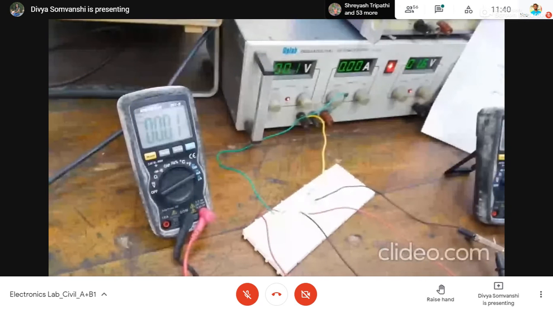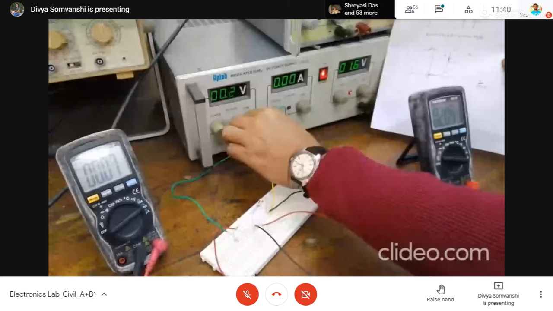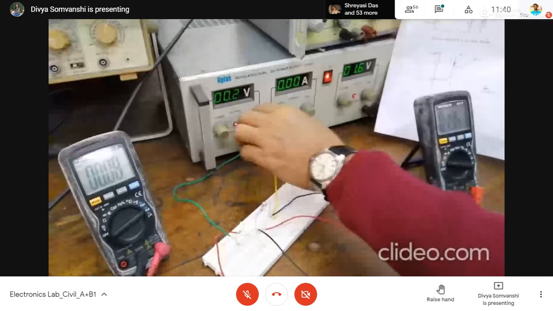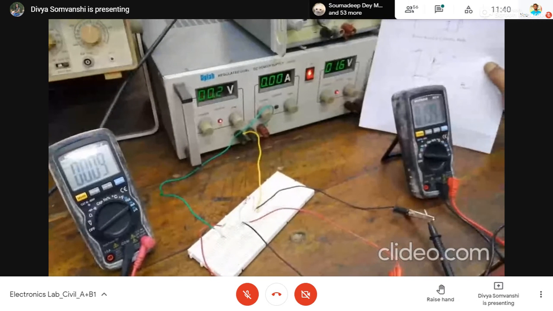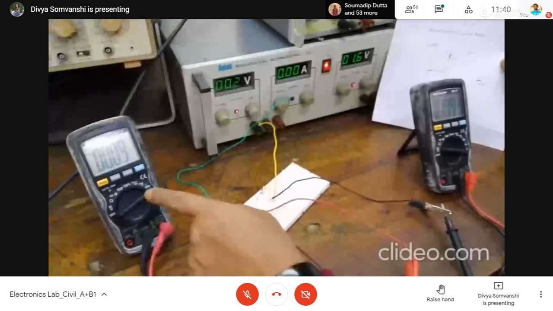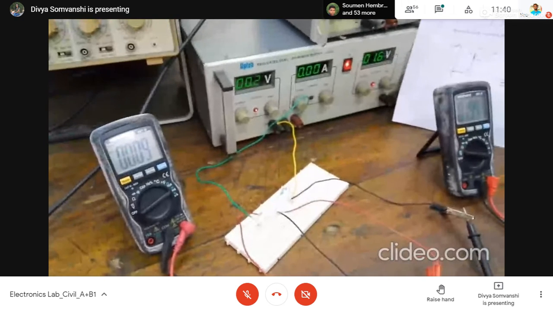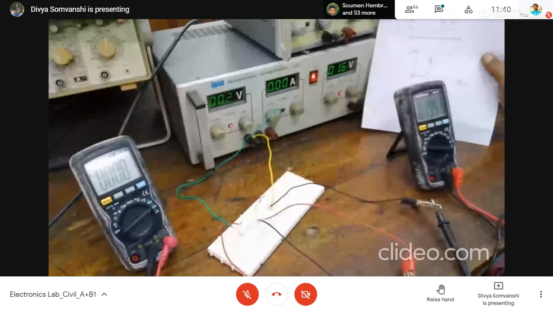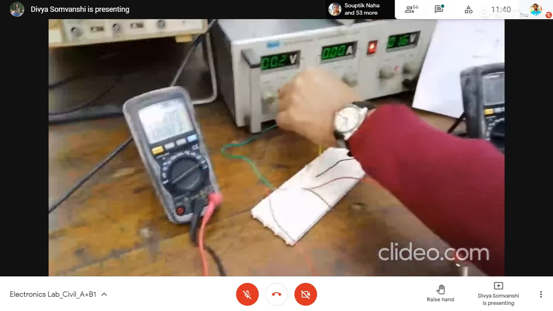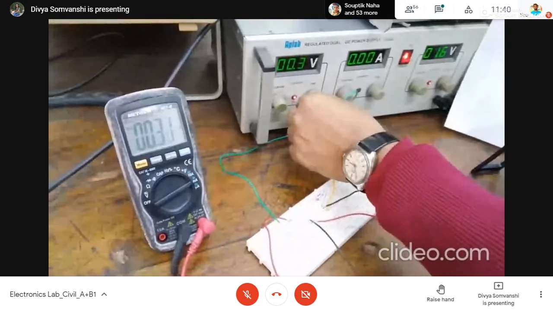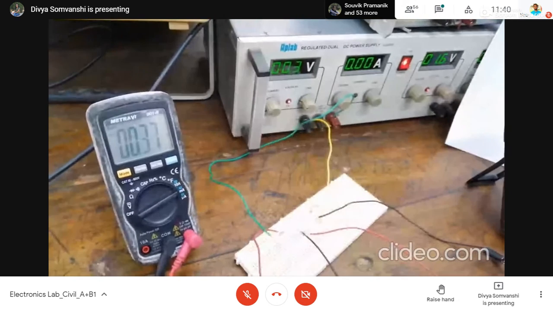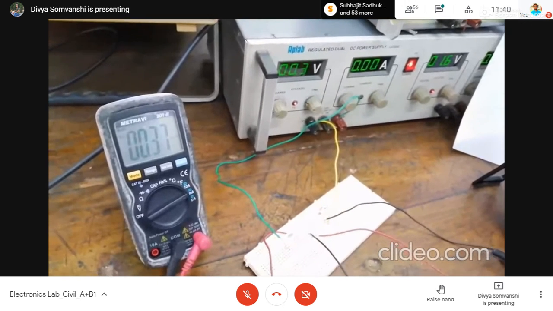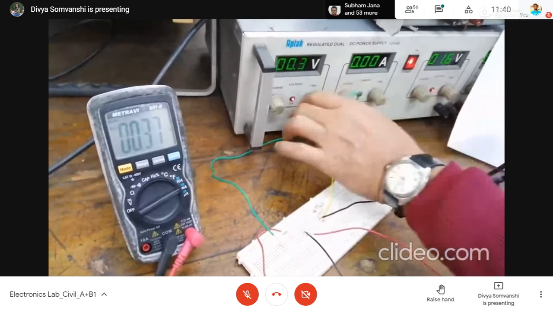Now if I increase to more or less 0.2 volt, it is 0.199, that means 0.2 volt. The current reaches 0.09 milliampere. Now, if I again increase to 0.3 volt, the current reaches 0.37 milliampere.